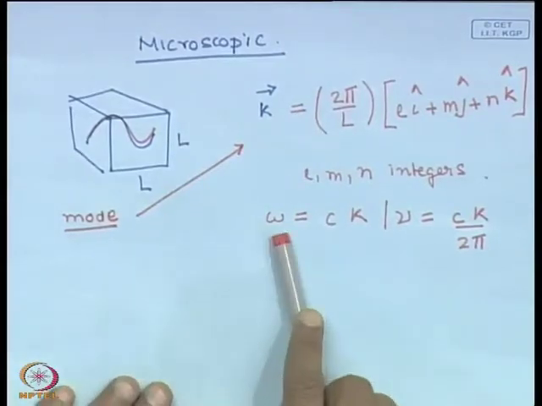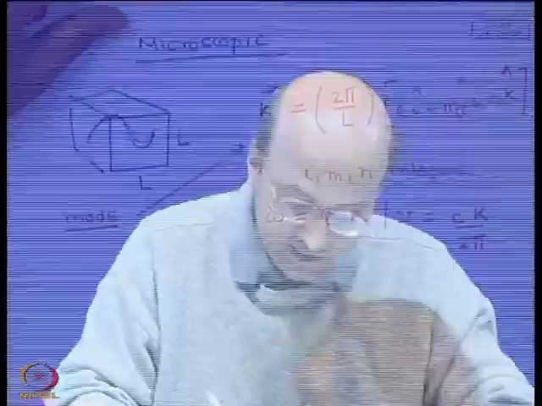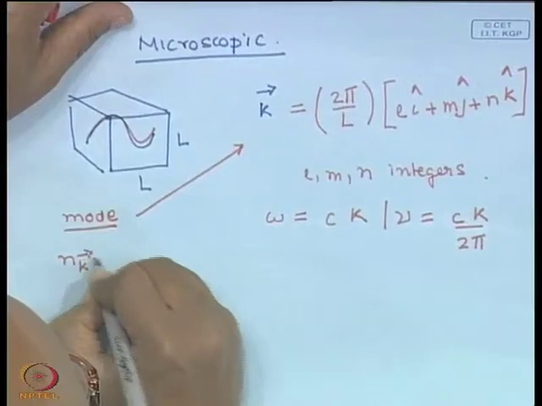And the corresponding frequency is here, and we know that these are photons. So, each mode can have a number of photons, and the number of photons in each mode we will denote by Nk, that is the occupation number of that mode.